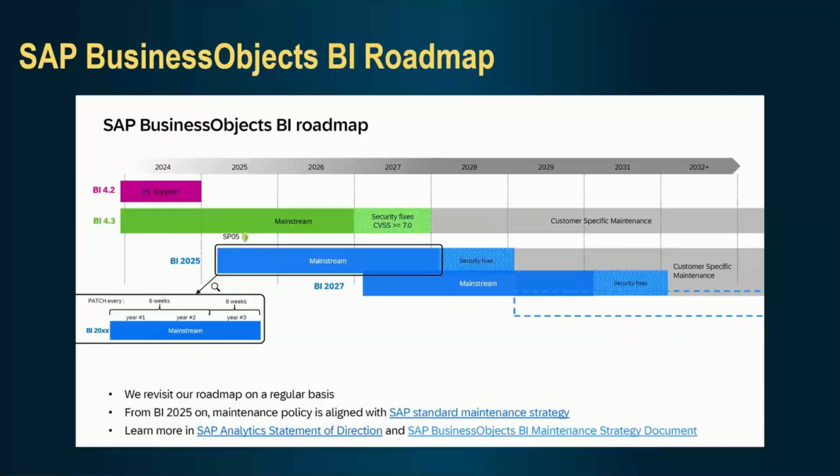And then with the roadmap there, you'll notice the little dash lines, which take us even further into the future with BusinessObjects. So what this means to me is that BusinessObjects is not going anywhere. It is still supported by SAP, it's still maintained, and it will still continue to exist well into the future.